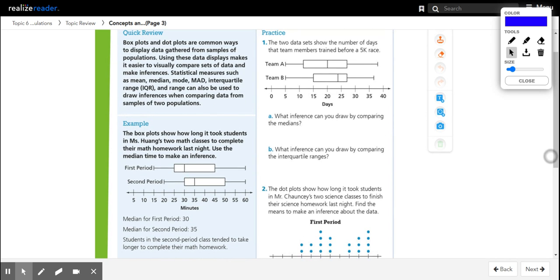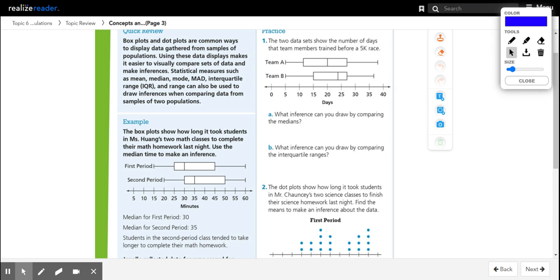So there it is. When you look at a box plot, you need to read what it is about, and then you need to look at the labels when you have a double box plot. The box plot shows how long it took students in Ms. Tom's 2 math classes to complete their math homework last night, and it's told us to use the median. On a box plot, it's important to be able to identify the median.